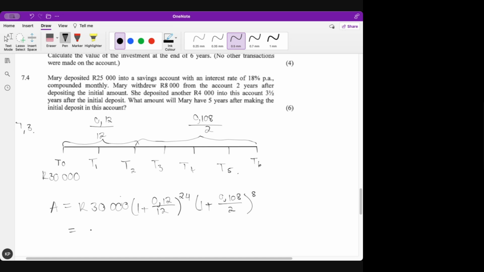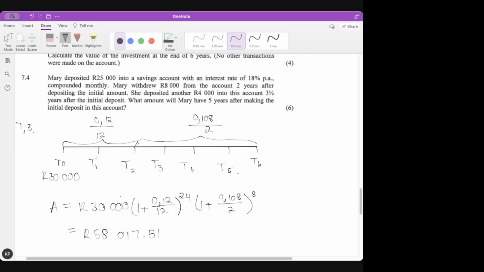Okay, I have an amount over here. Can I have people check me, please? I got 58,000 and 17.51 cents. Thank you, Tandiwe. Thank you very much. Okay, we're all good. Thumbs up, thumbs down.